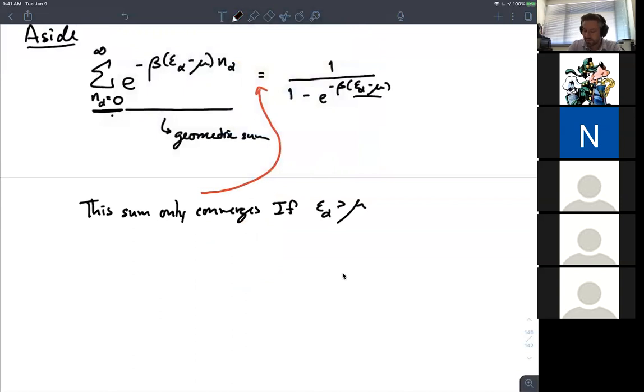So if this exponent, this ε_α minus μ, comes out to be negative, that makes the whole exponent positive, and then this sum does not converge. That is, you cannot say that this sum is equal to this nice compact expression. All right, so the Bose-Einstein distribution only applies for systems in which all of your energy levels have energies that are higher than the chemical potential.